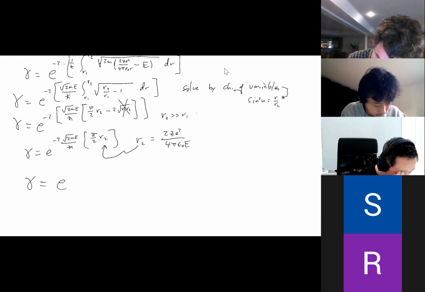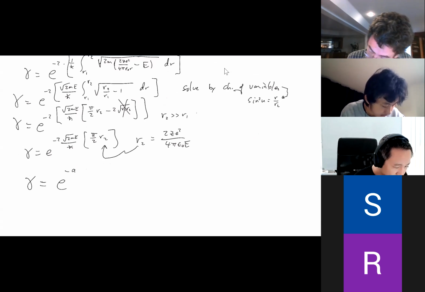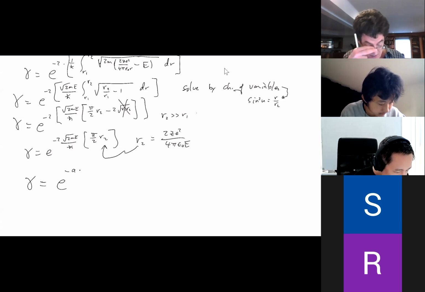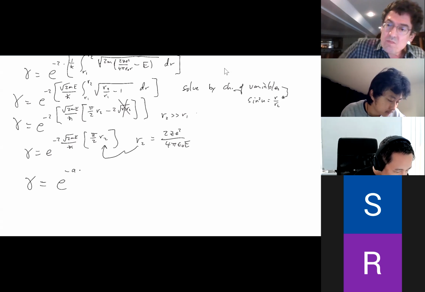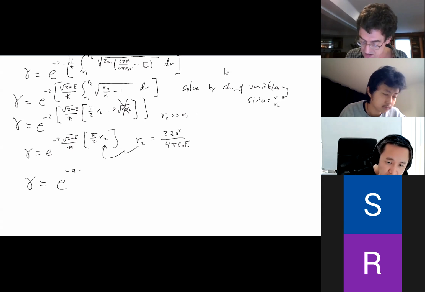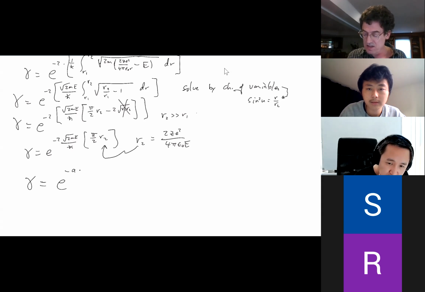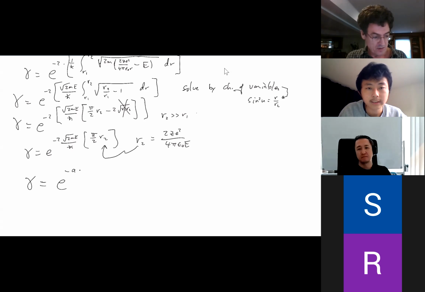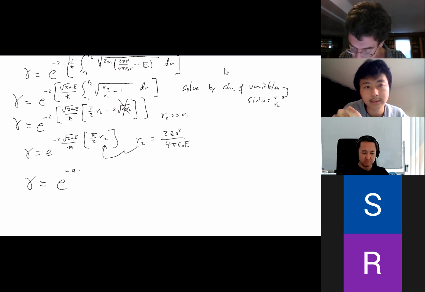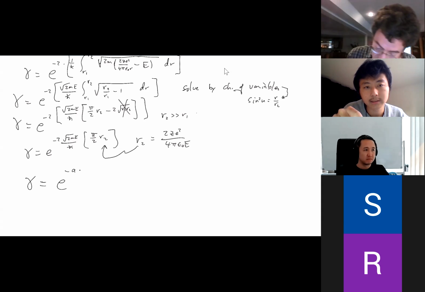Now I'll just write it like this: gamma equals e to the negative some constant a times, and what's the energy dependence here in the exponent? Can you see the energy dependence in the exponent? Is the E under the square root or not? Yeah, it is.